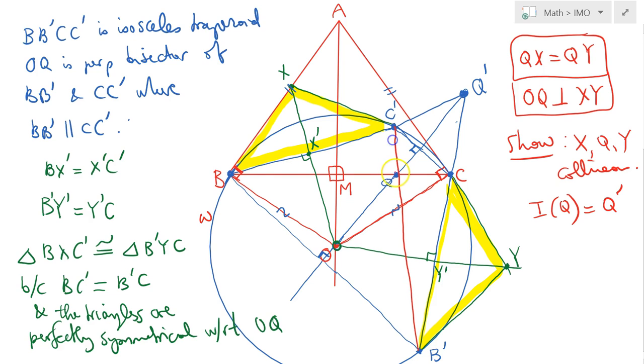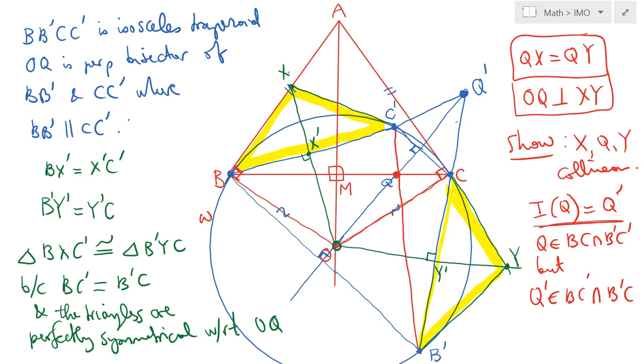If I draw the other diagonal, because OQ is the perpendicular bisector of this trapezoid, and as a result, using for example some pole-polar relationship, I can say that Q is at the intersection of BC and B prime C prime, but Q prime is in the intersection of BC prime and B prime C. This would immediately imply that in fact this is correct. So Q and Q prime are inverses with respect to that circle.